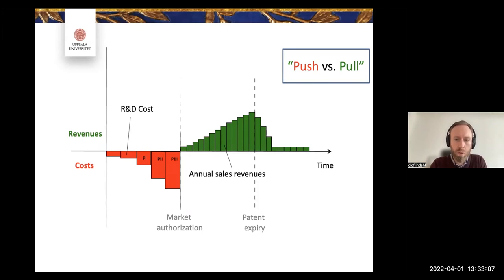There's also a problem that I will get back to later, which is that costs happen now, revenues happen in 10 years or something like that, which means, if we just go to our own personal finance situation, how would you pay for it? Well, you probably have to take out a loan. So is that unproblematic? No, because you have to pay an interest on that loan. So having big costs early and relatively small revenues late is a bigger problem than it might look on this type of illustration.